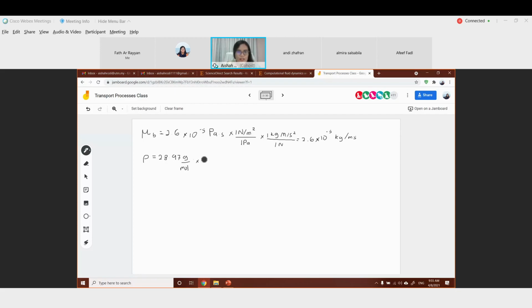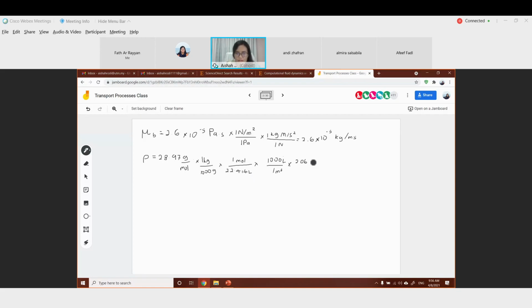Again, convert this from gram to kilogram. Then for the ideal gas law, you can use these conversions: 1 meter cube is equal to 1000 liter, because we want to cross this and this out.